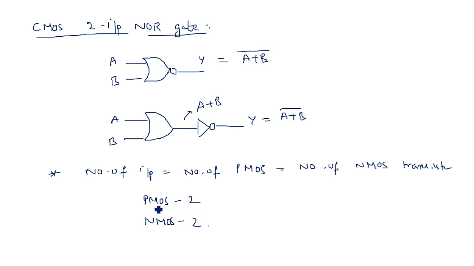But how to realize this? How to construct the two PMOS transistors, whether they should be connected in series or in parallel? And similarly with respect to the NMOS transistors, whether they are in series or in parallel? I already told you in the last video, for the product operation, the PMOS transistors are in parallel.